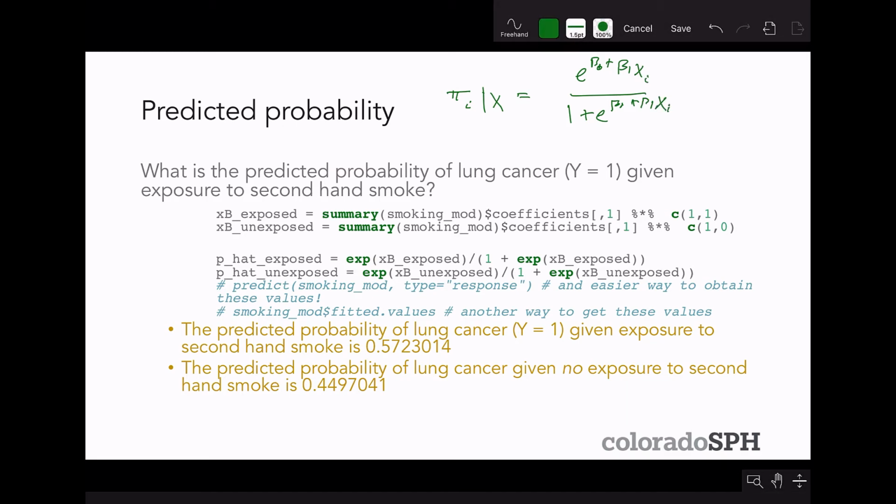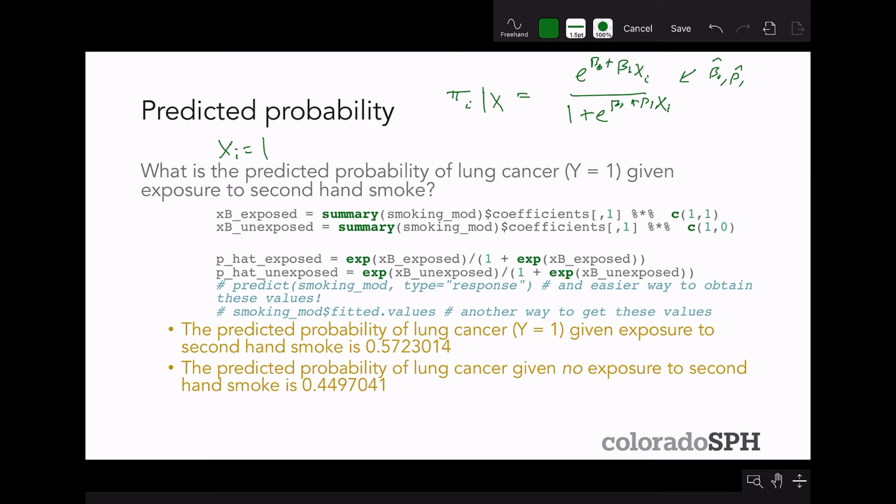So what's the predicted probability of lung cancer given exposure to secondhand smoke? When you're exposed to secondhand smoke, your x value is going to be equal to 1. So what you would plug in for this equation is your estimated beta 0 hat and beta 1 hat values, and then your x value would be equal to 1 here.